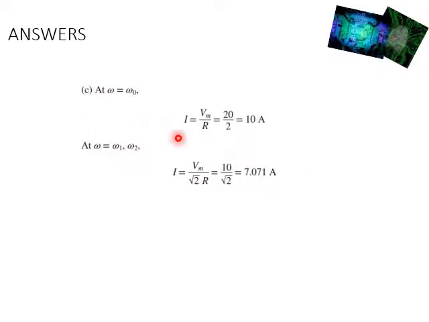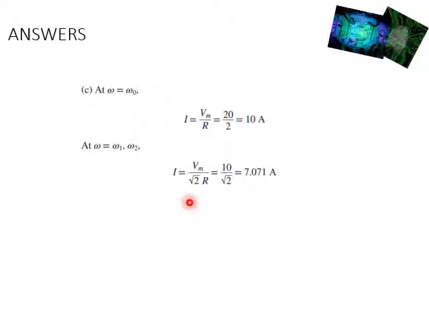So I, what is I? I is V over R. Given V is 20 and R is 2. So at omega naught, the maximum current is 20 over 2, which is 10 ampere, and at half power frequency omega 1 and omega 2, the value of current is the same.